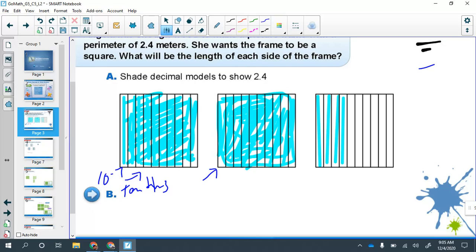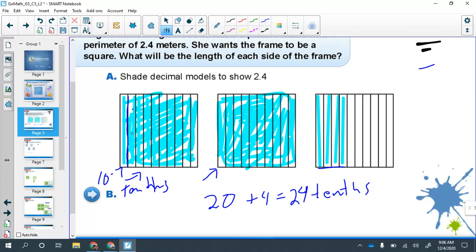So 10 plus 10 is 20. And then over here we have 4/10. So really we have 20 plus 4, which is 24 tenths, right?